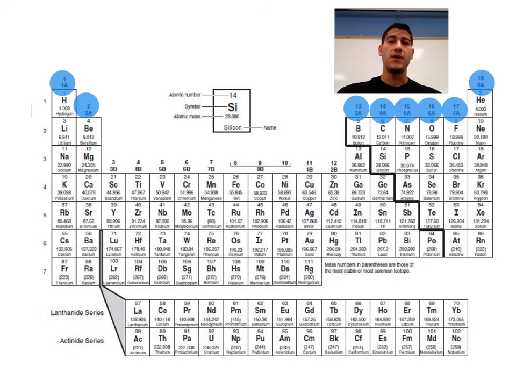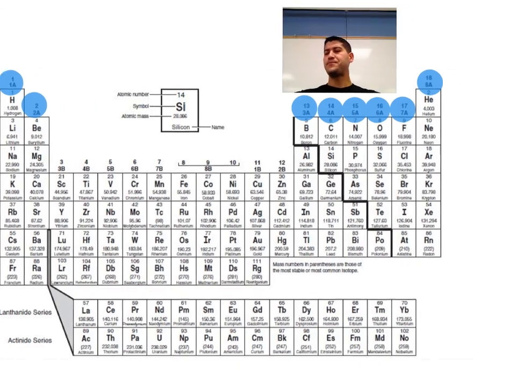That's the end of period 3, and we have to start a new period. Each time we move across all 8 groups of the main group elements, a pattern is repeating itself. So what gives? Why 8? What else have we studied that relates to the number 8? Remember the octet rule?